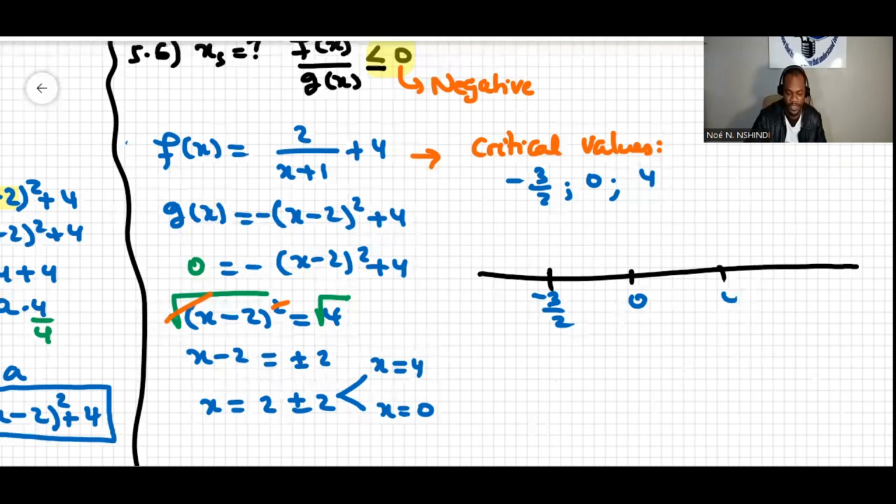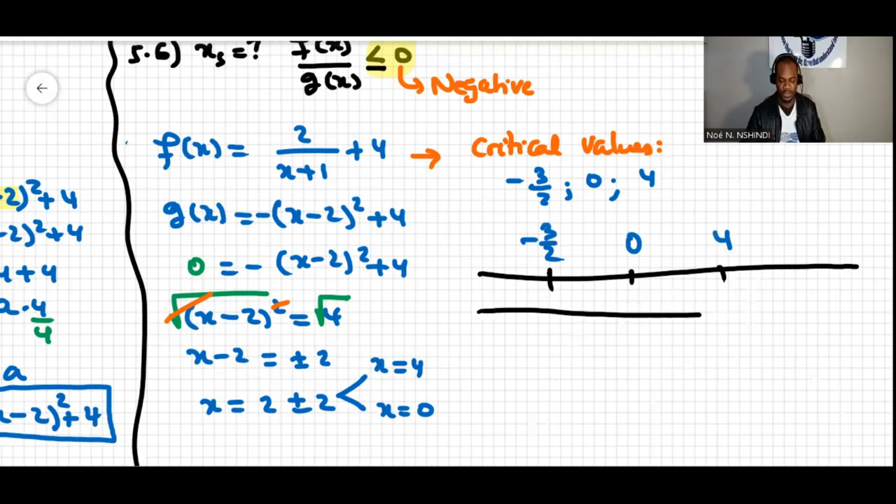I think I have a better idea. Yes, I prefer to write the numbers like -3/2 here, and then 0 over here, and then 4 over there. Then we can now do this.